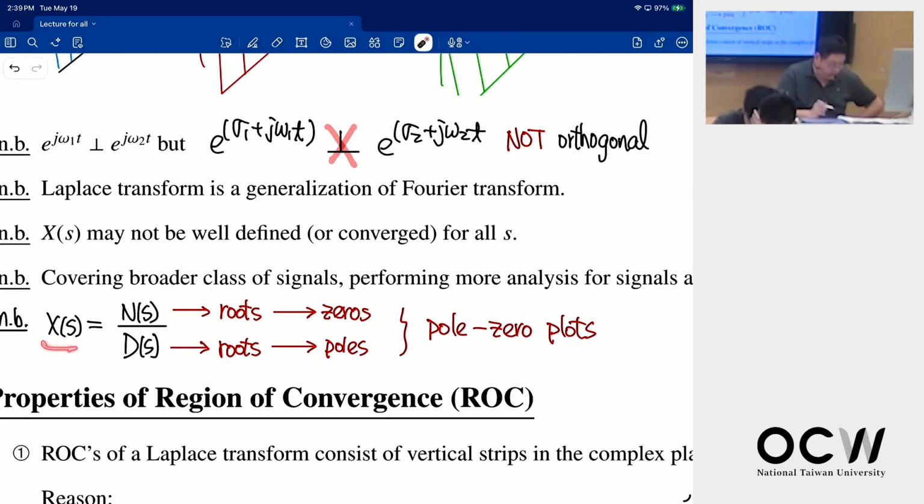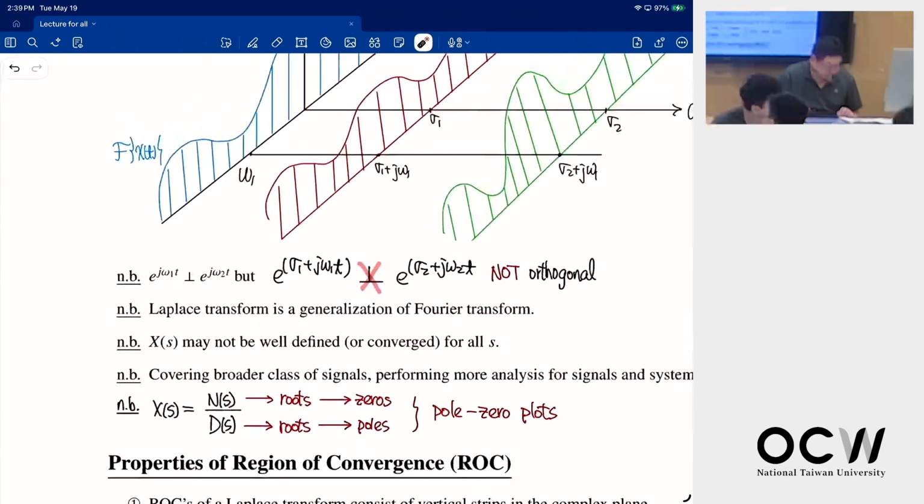So we will see more examples today. Since you see that for the previous examples, I may have the same Laplace transform but with different regions of convergence, let's see the properties of the region of convergence.